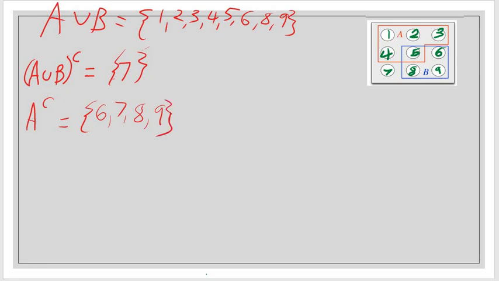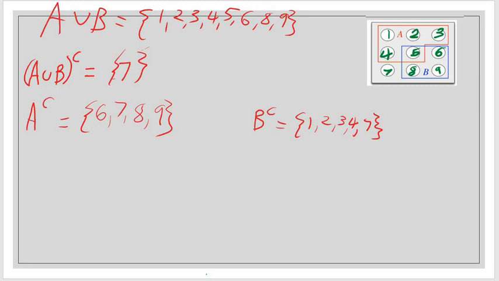And I can also look at the complement of B, and that is what? 1, 2, 3, 4. Remember, it's everything outside the blue square. And then, don't forget, 7. So those are the complements of A and B.